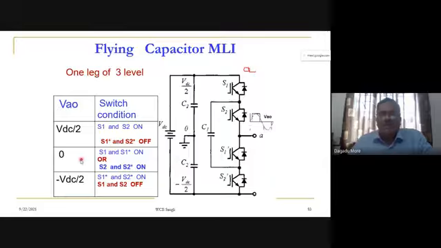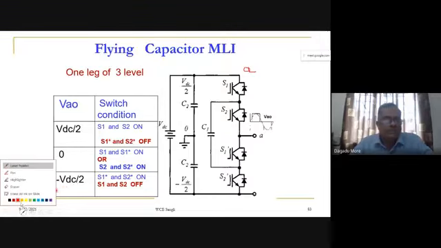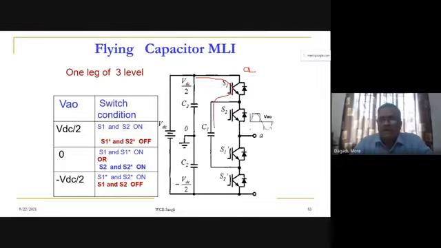If you want to get a zero voltage, we have two configurations. In one, S1 and S1 star are on. Let us trace the path. S1 is on, so current starts from S1, then goes through the capacitor, then through S1 star, either through the diode or the switch depending upon the direction.